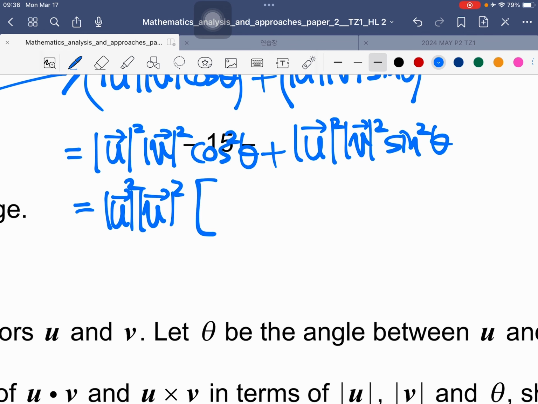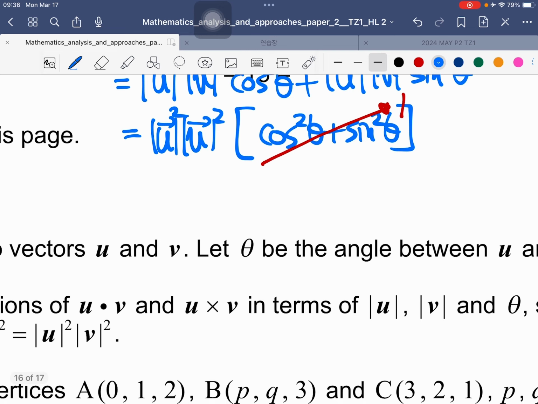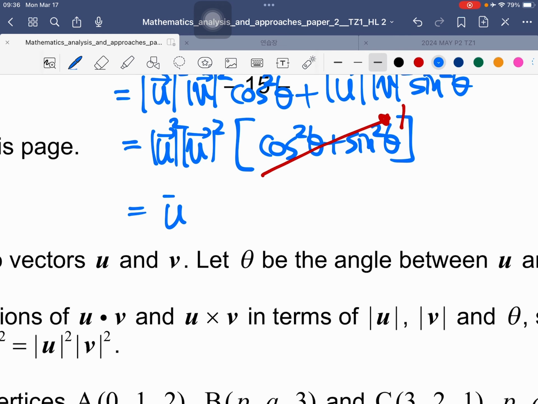It's going to be cosine squared theta plus sine squared theta. By the trigonometric identity, this becomes 1. So it's the magnitude of u squared times the magnitude of v squared, which is the right-hand side. It becomes the same.